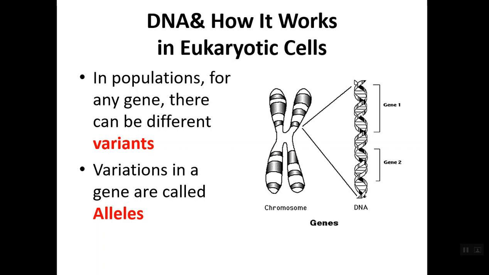You have to know this definition very well and remember the definition of the word allele. Otherwise, you don't understand what I'm talking about if I give you a specific question in the test. So remember, alleles are just variations in a gene, or we can also call them gene variants.